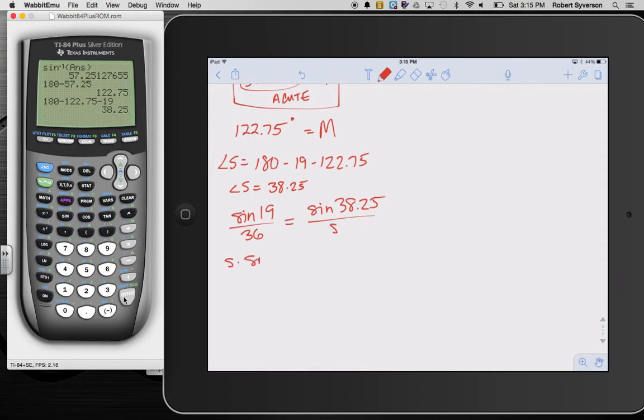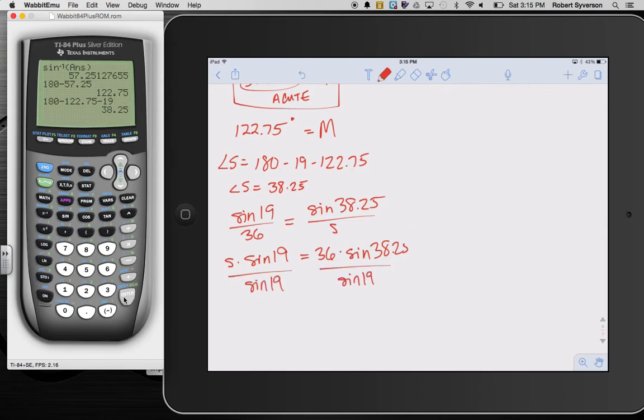S times the sine of 19 equals 36 times the sine of 38.25. Divide by the sine of 19.